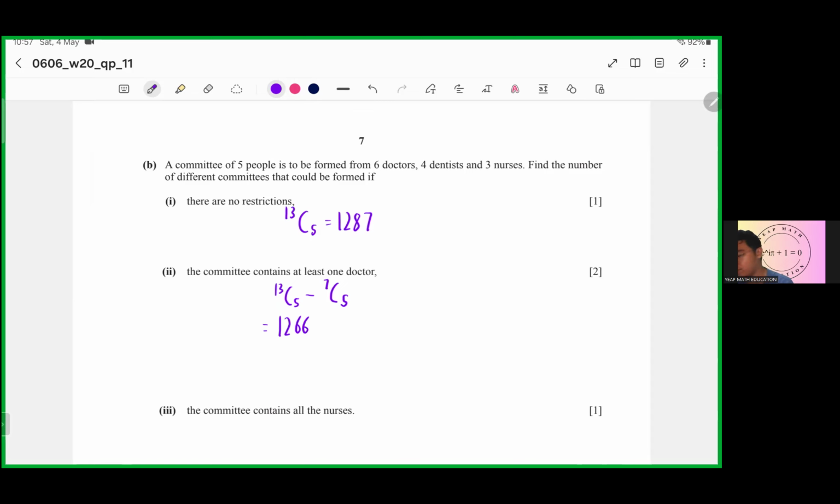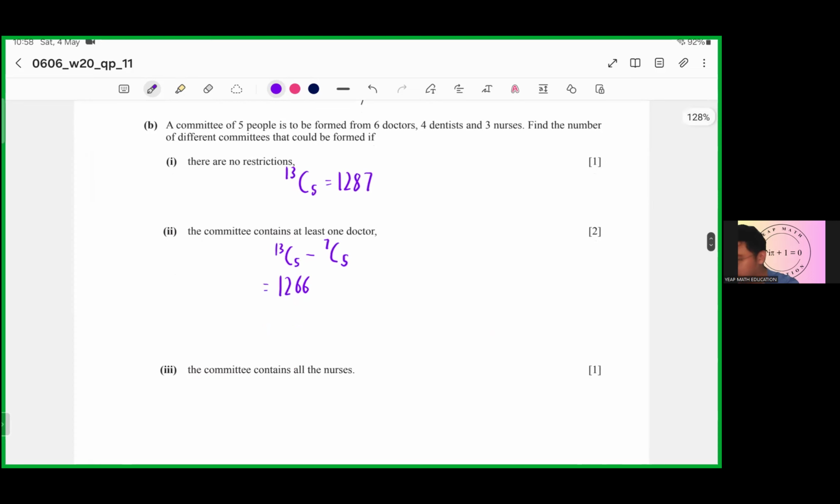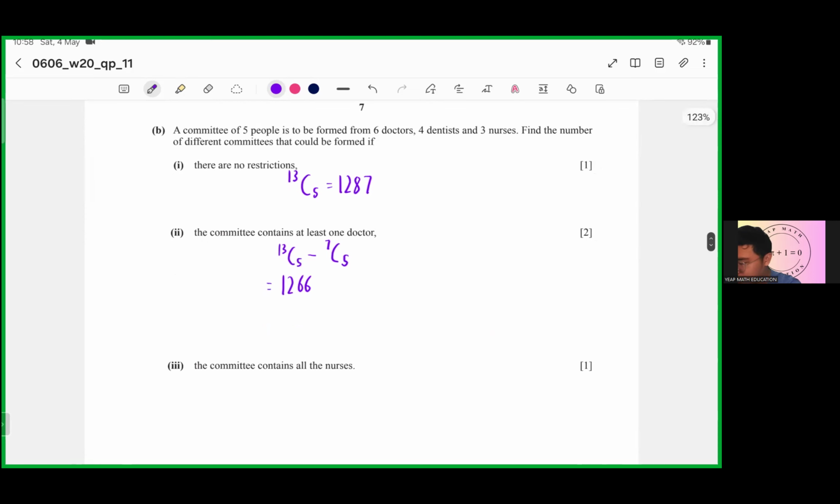Now we look at next question. The committee consists all the nurses. It means all the nurses we need to include. So we just take 3C3 multiply 10C2, equals to 45.